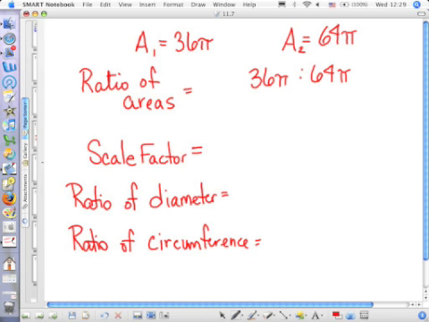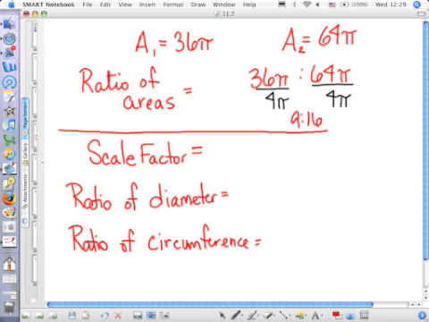And they also can both be divided by what? Pi. So if I reduce these both by 4 pi, I get, excuse me, it's not my scale factor yet. I get a ratio of the areas that is 9 to 16.